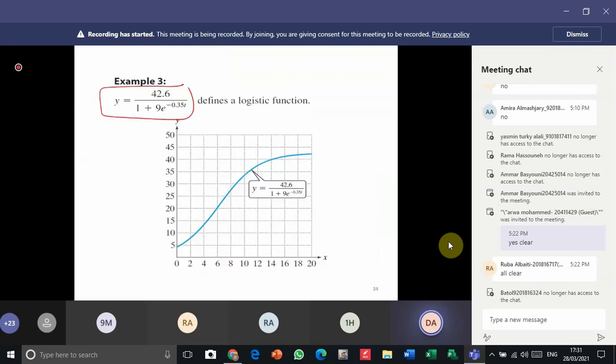So the maximum, the function goes to C, which is 42.6. And the minimum equals 42.6 divided by 1 plus 9, because when x equals 0, we have e to the power 0, which is 1.